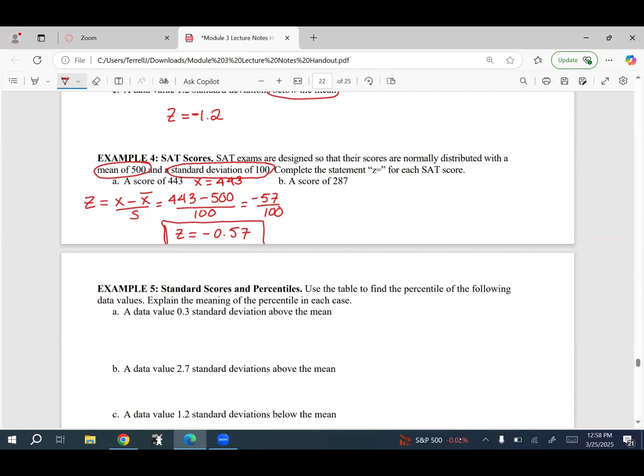And again, we should expect this z-score to be negative because if I wanted to draw this out, my mean in the center is 500, and 443 is somewhere to the left of that. If the value is to the left or below the mean, the z-score is going to be negative.